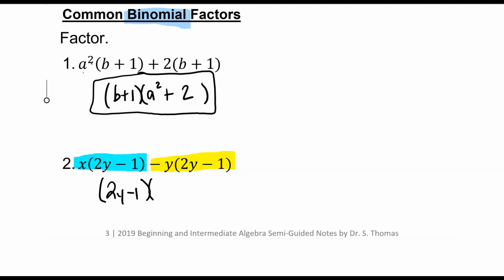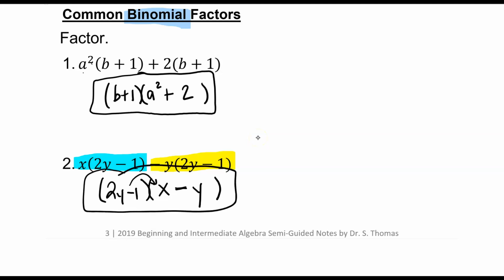So take that out. We put a parenthesis around the binomial as well as right next to the binomial, and we decide 2y minus 1 times what will give us back this blue part. It would just be x, and then it would just be minus y for the second part. And that is your final answer.